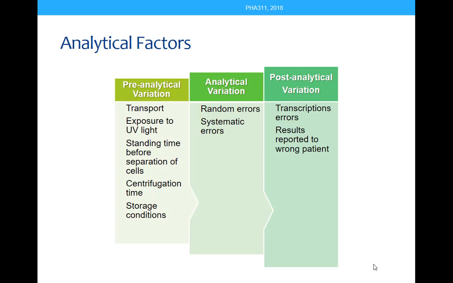If you are running an automated machine, if the machine has not been serviced regularly, it is giving way off results. These are analytical errors. Post-analytical, transcription errors. You said something, your transcriptionist wrote something else. Or you have given wrong report to the wrong patient. So these are post-analytical errors.